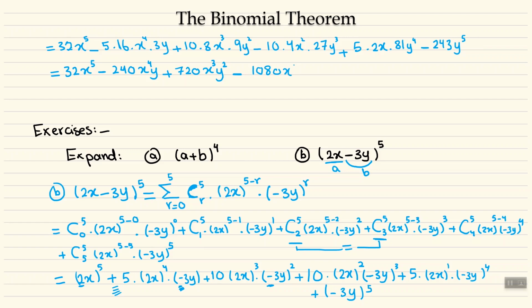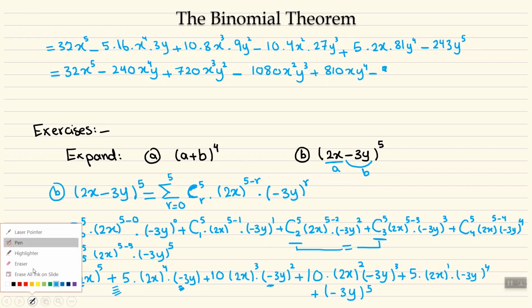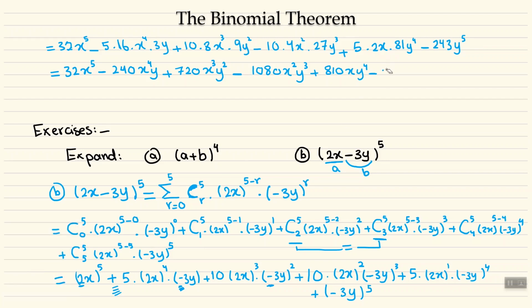X squared y cubed plus 5 times 2 is 10, and 10 times 81 is 810. X y to the power 4, and eventually minus 243 y to the power 5.